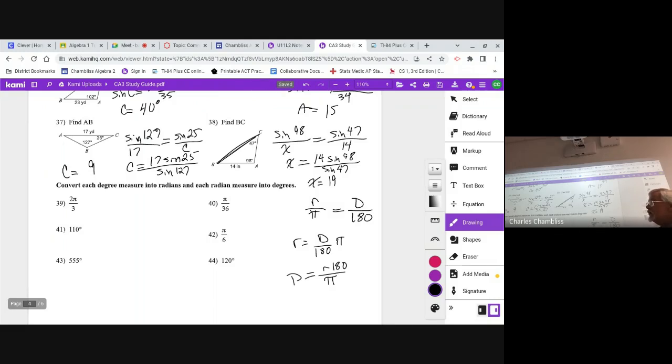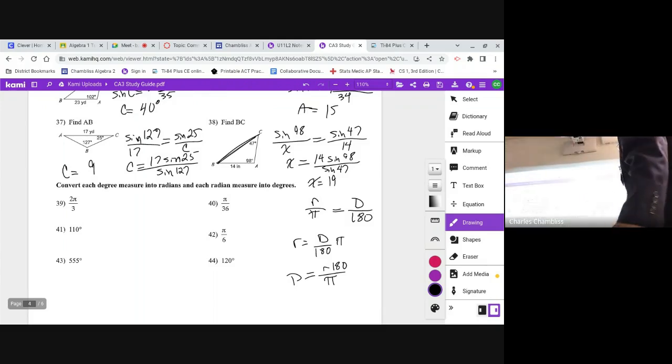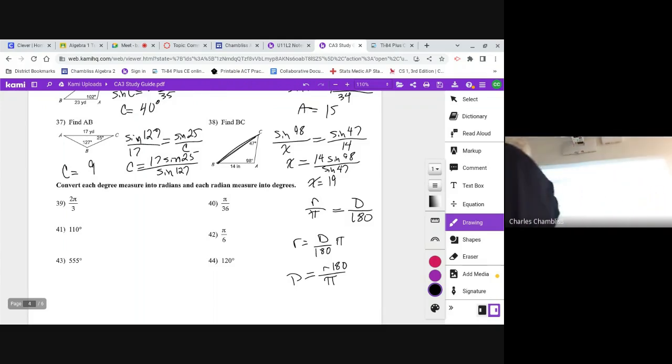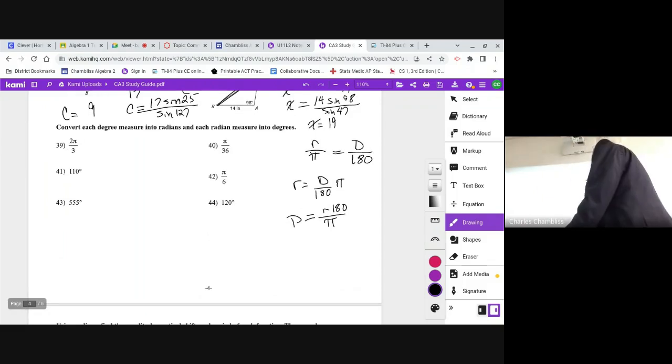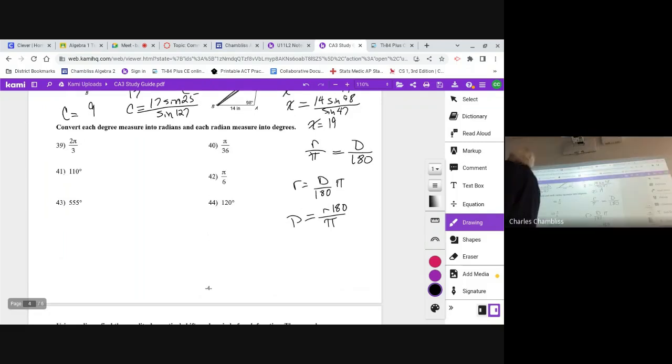Okay, so number 39, 2/3 times 180. That's it, because you have radians here. The radians are 2 pi over 3. So I divide out the pi, that's going to be 2/3 times 180.